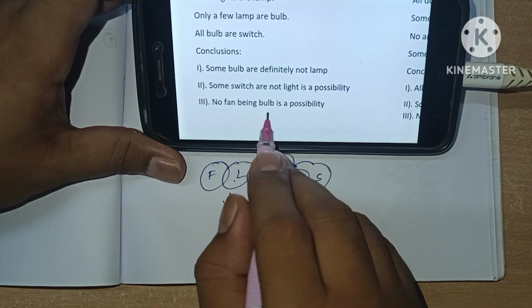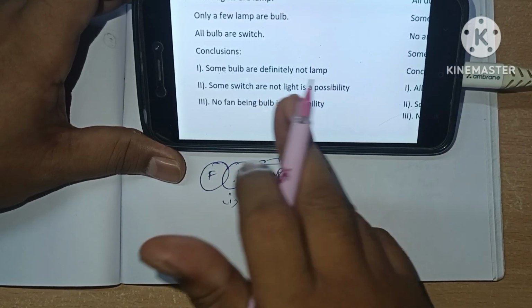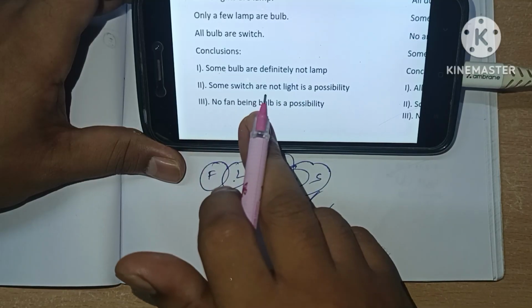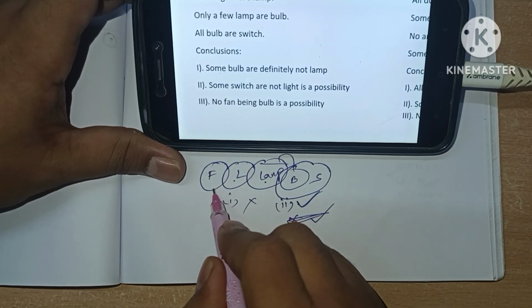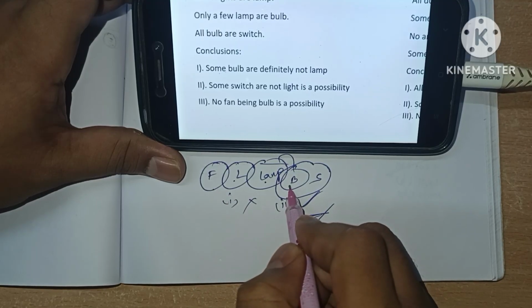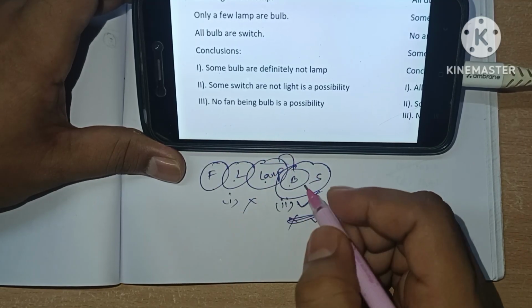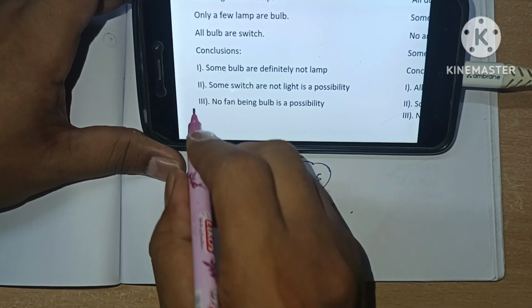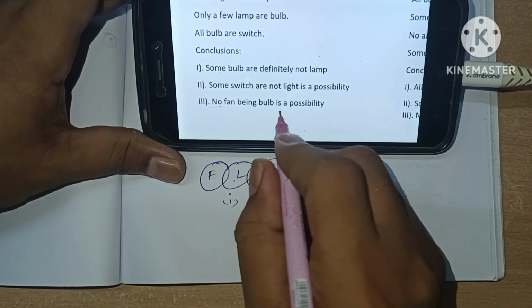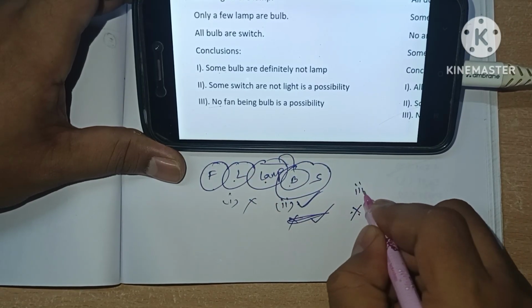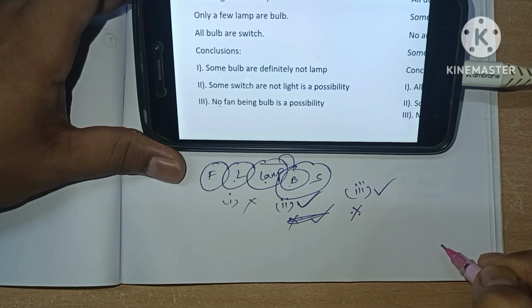Next, no fan being bulb is a possibility. First leave possibility side. No fan being bulb. We can place some fan being bulb is possible. Some case possible means no case fails. No case fails, but it is saying possibility. So third conclusion will be true.